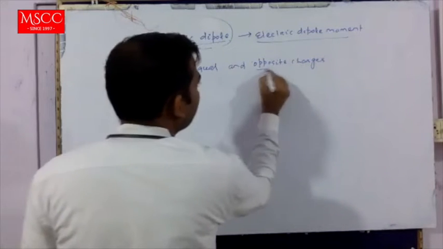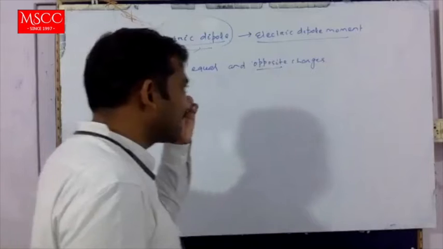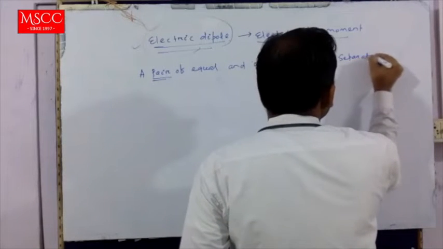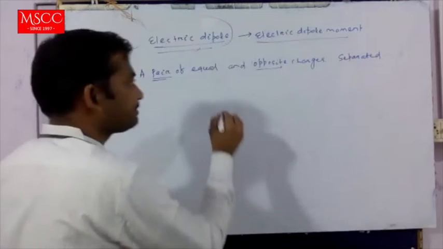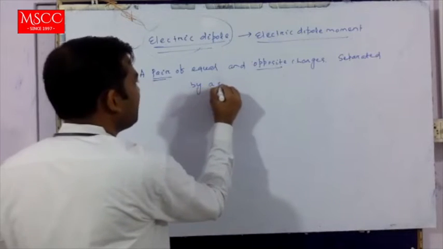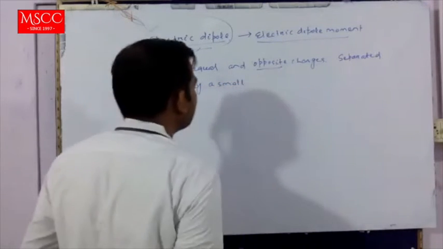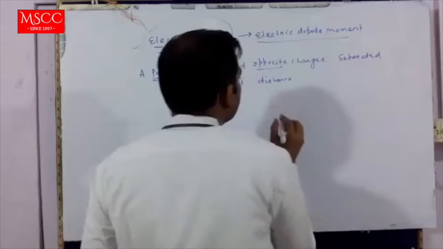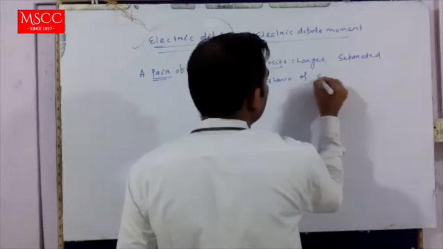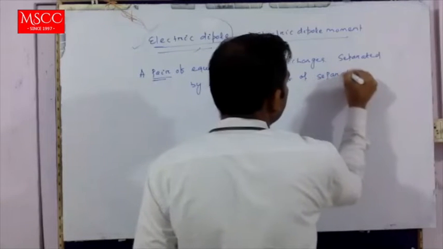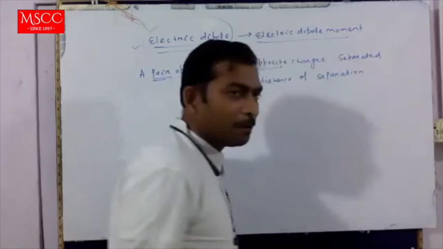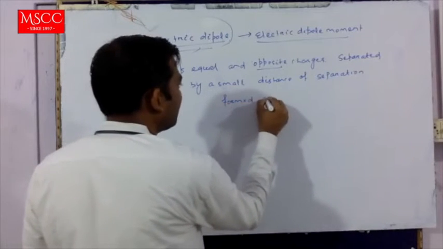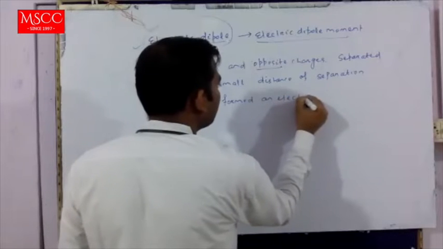A pair of equal and opposite charges separated by a small distance of separation forms an electric dipole.